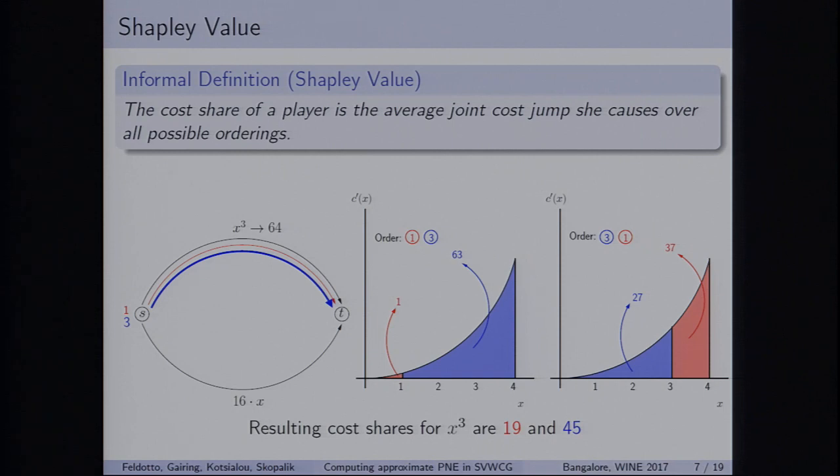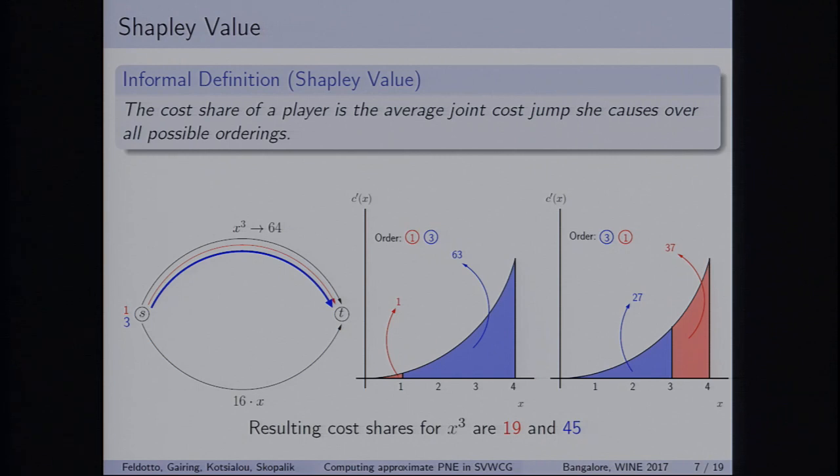In the first case, the red player enters the resource first, and he causes a joint cost of 1 to the resource. And as soon as the blue player enters the resource as well, this causes an additional 63 in the joint cost. So this blue area is all the marginal contribution that the blue player causes in the joint cost of that resource.